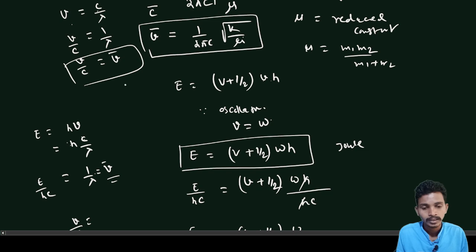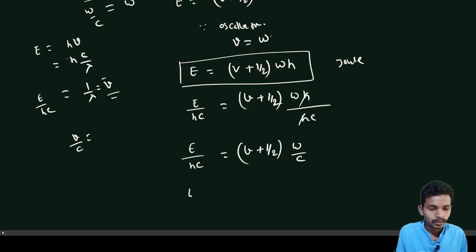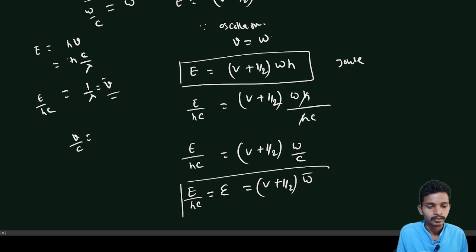So here we are taking this as omega. So here I can write this as E upon hc, let's say epsilon, that is equal to v plus half, this is not nu, this is v, the vibrational quantum number, that will be v plus half omega naught. Okay, so this is in centimeter inverse.